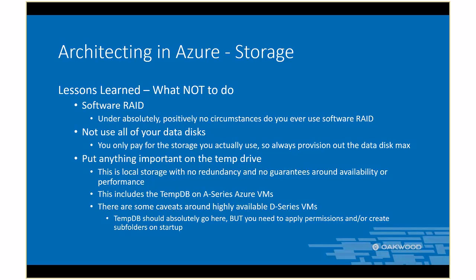Don't ever not use all of your data disks. Always use the max for the VM. The reason for this is you're only paying for the blocks that you write to the disks. So you could have 16 terabytes provisioned to your VM, but you're not paying for 16 terabytes of storage. You're paying for the 300 megs that you grew out onto.